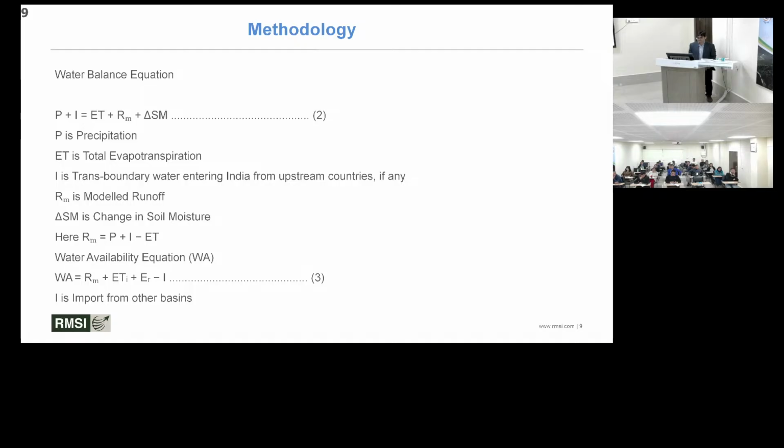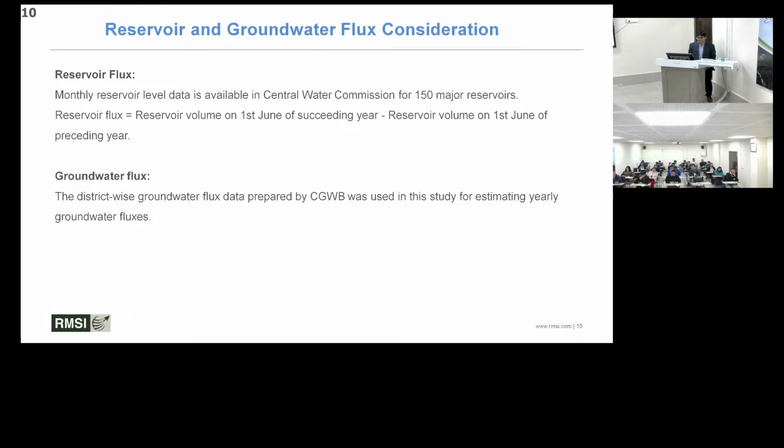Here is the total losses we are considering. Then water availability is RM plus ETI minus ER, because the ETI, irrigation, as well as the reservoir losses, we can calculate from some methods, and inflow we know from the upstream catchment. Then you can calculate the water availability for this basin.